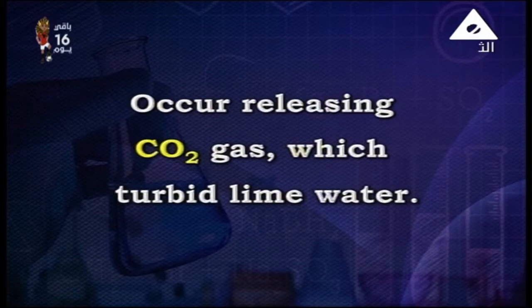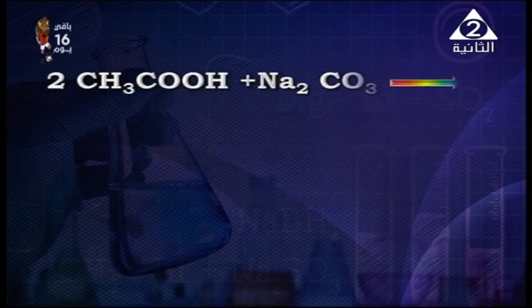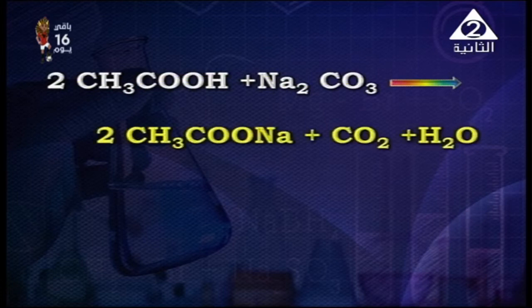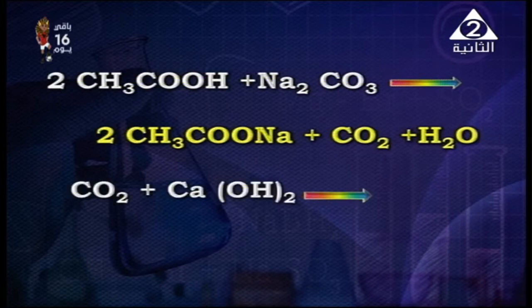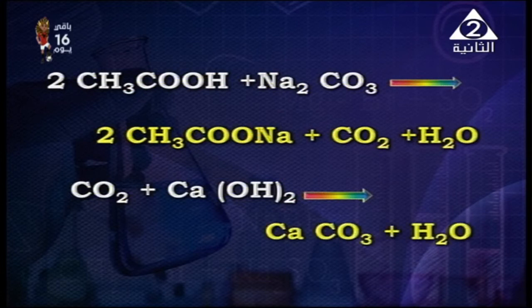The evolution releases carbon dioxide gas, which turns clear lime water turbid. As the equation proceeds on the screen, acetic acid plus sodium carbonate gives sodium acetate, carbon dioxide gas and water. And then carbon dioxide gas reacts with clear lime water forming calcium carbonate, and water is produced.